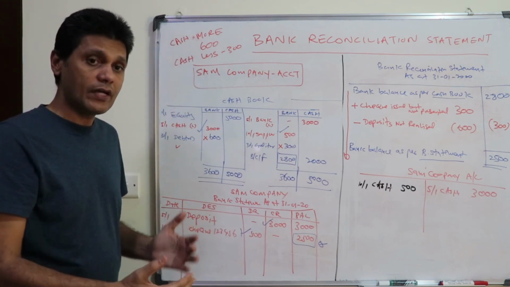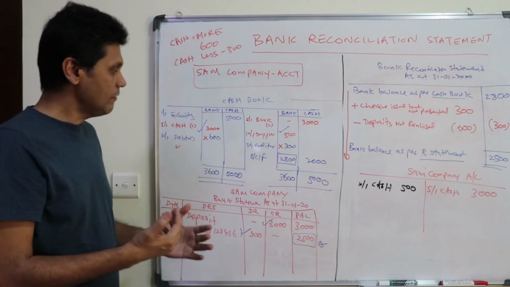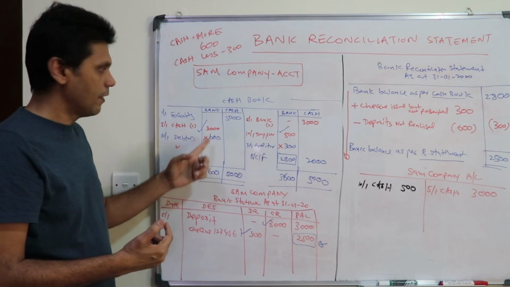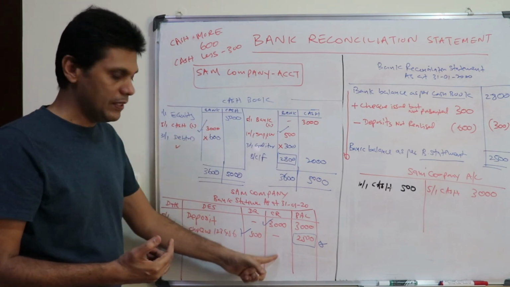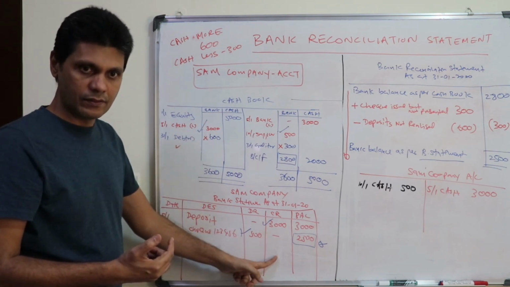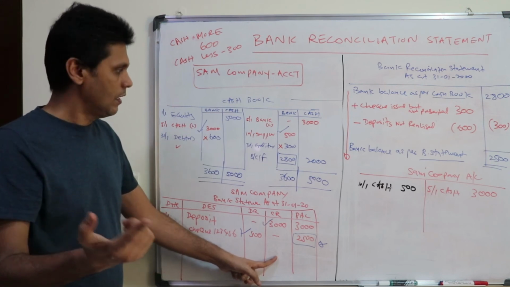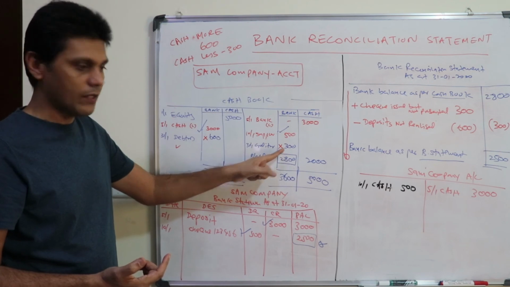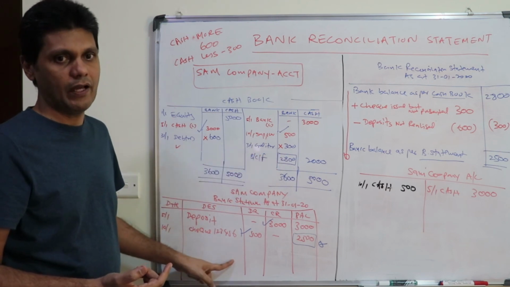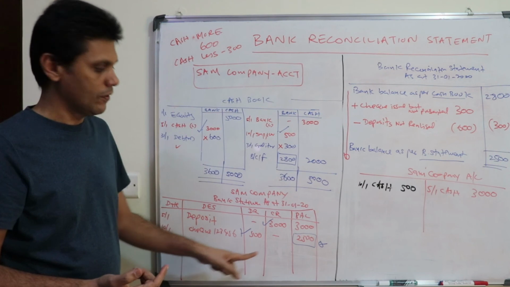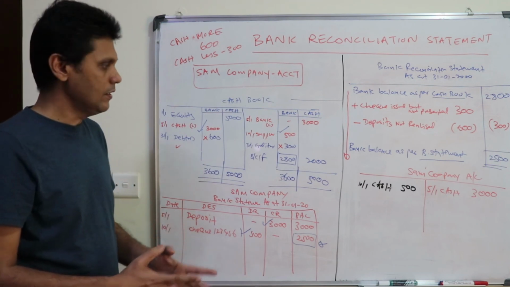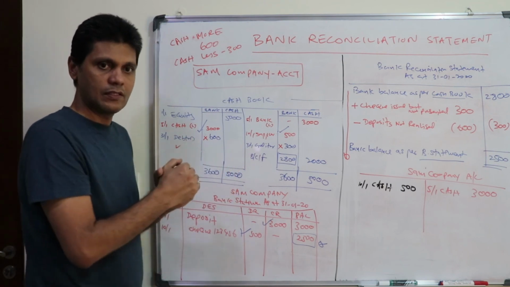Then you identify the differences. We identify there are certain checks deposited, recorded in the bank but not being credited. That is one difference. And also we identify there are some checks issued but not yet presented to the bank. The bank has not reduced our balance. So these are the two differences.